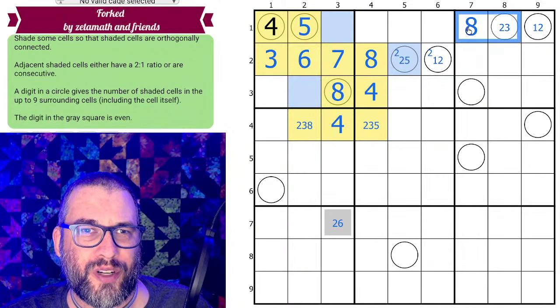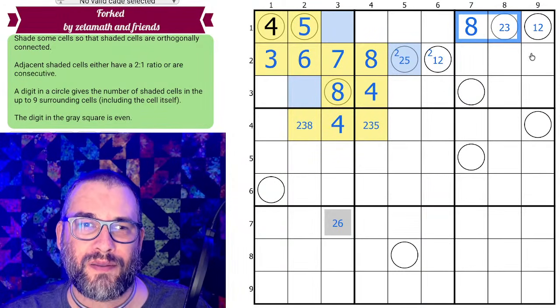Right, David pointing out that these two can't both be shaded.